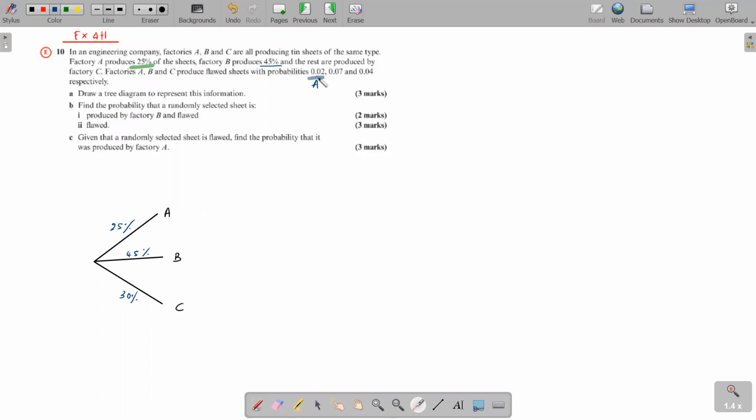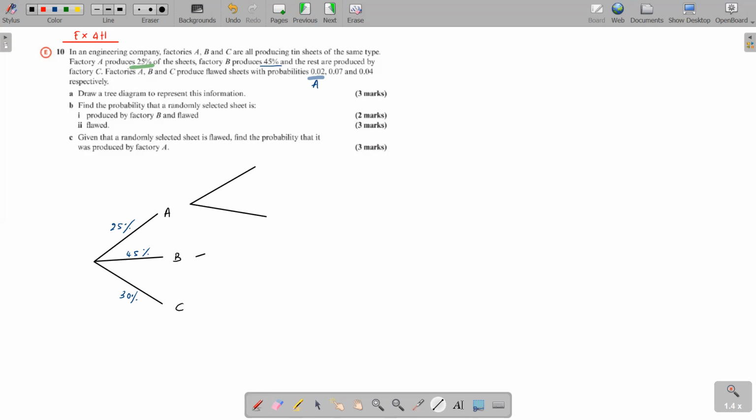Because if 0.02 is the probability of getting a flawed sheet, 1 minus 0.02, the rest of the probability, is 0.98. What does that 0.98 represent? It is the probability that we get a good sheet, because there are some faulty ones and obviously most of them are good, right?